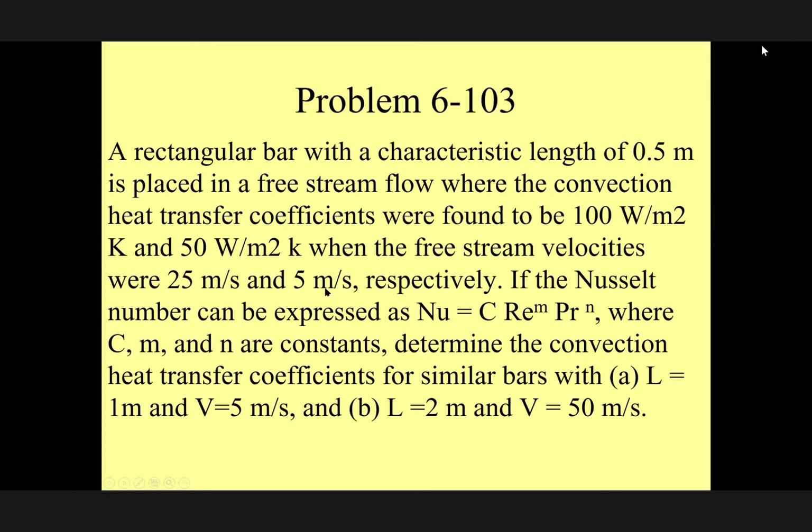When the velocity is 5 meters per second, the heat transfer coefficient is this one, okay? If the Nusselt number can be expressed in this format, where M and N are constants, determine the convective heat transfer coefficient for a similar bar when L is equal to this and the velocity is here, and when L is 2 and the velocity is here.